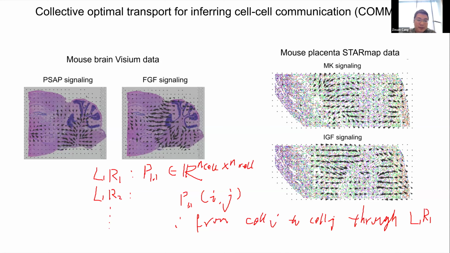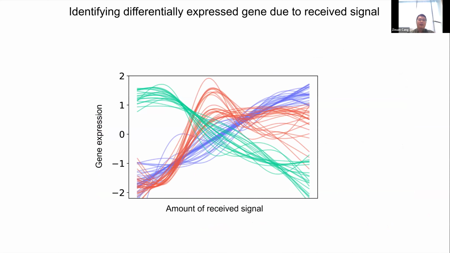Okay, then from these summaries, we can use some existing method to try to find correlations between the cell-cell communication process and some potentially downstream genes. For example, this is the result from the method TradeSeq. I think it's a popular method for finding temporally differentially expressed genes given some annotated pseudotime of cells in single cell data.